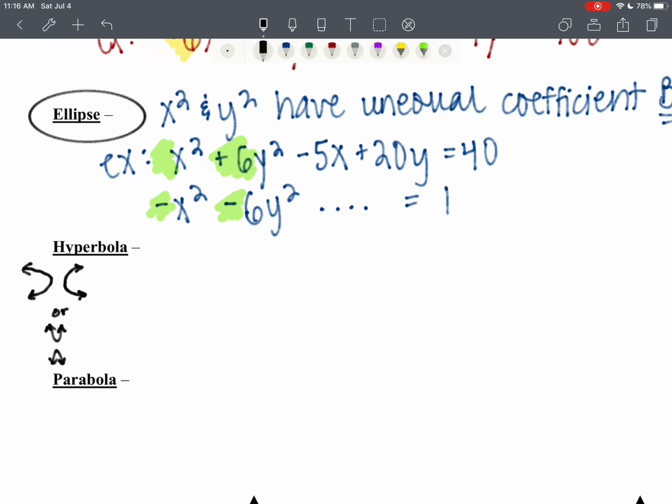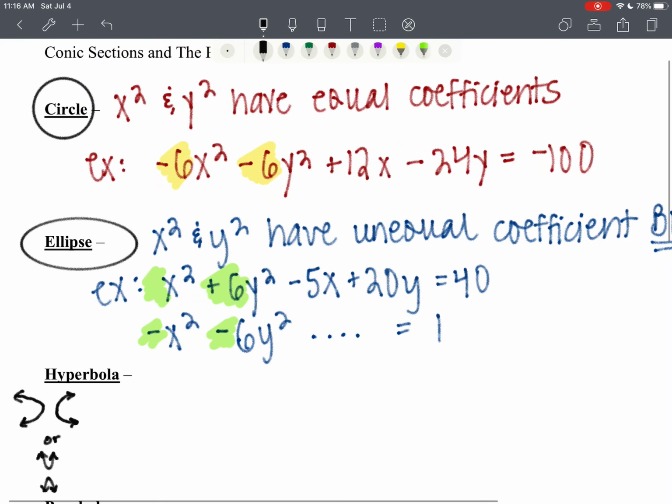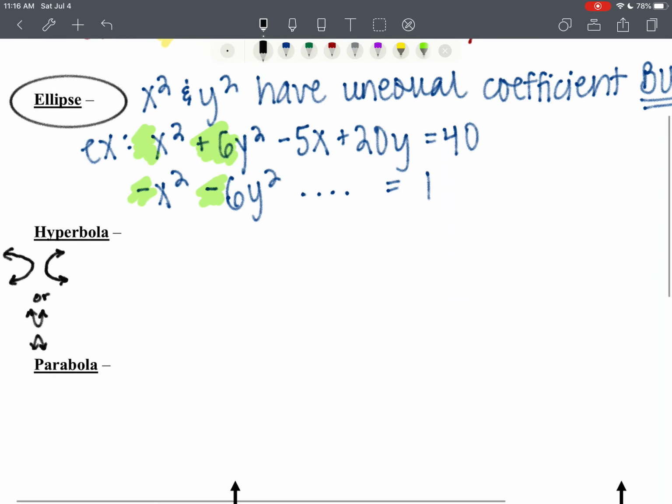So you can see all three of these, the circle, the ellipse, the hyperbola, these are examples of relations that are not functions because they do not pass the vertical line test.